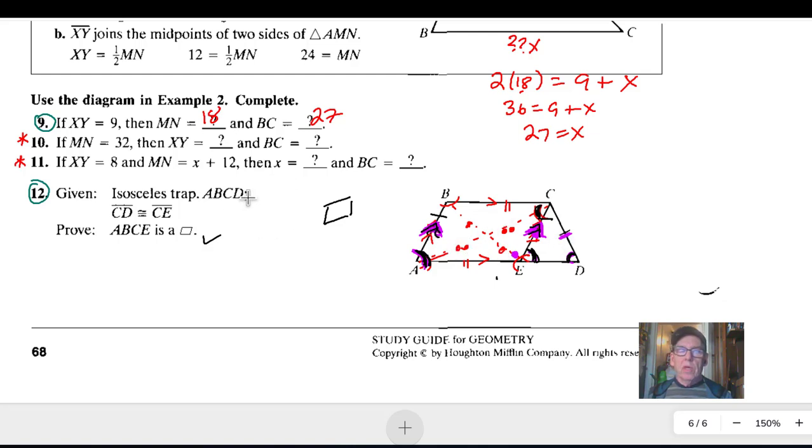But then from the isosceles trapezoid given information, along with the triangle being isosceles, that lets us also know that these sides are also congruent at the same time that they're parallel, which is enough to force it to be a parallelogram. So that was not exactly the easiest proof.